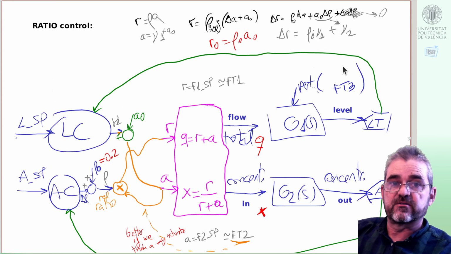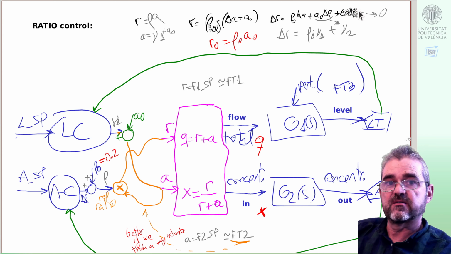So ratio control is somehow more exact, it's nonlinear, it incorporates this product of increments that linearization did not take into account. So if we can, it would be better to implement ratio control instead of its linearization multi-loop plus decoupling.